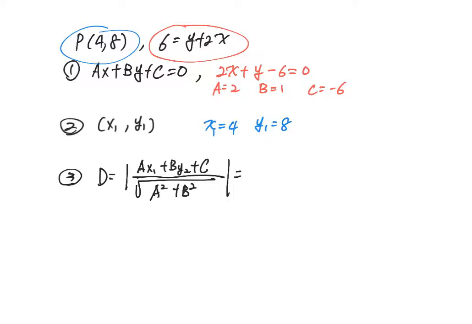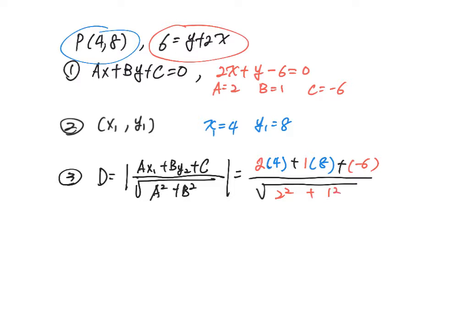So now I have a equals 2, x1 equals 4, plus b equals 1, y1 equals 8, plus c equals negative 6, all over the square root of a squared, which is 2 squared, plus 1 squared, b squared.